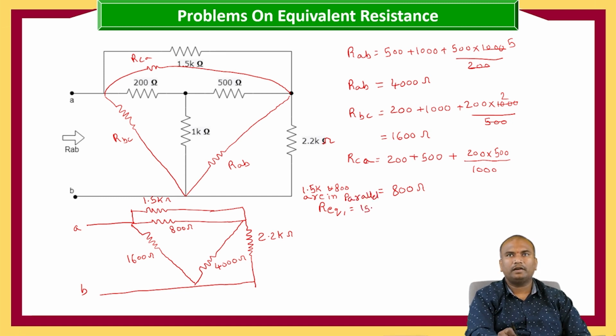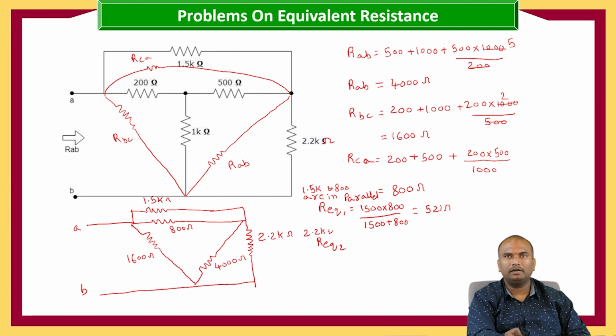That is 1500 into 800 by 1500 plus 800, which is equal to 521 ohms. And R equivalent 2 is equals to, here 2.2k and 4k are in parallel.